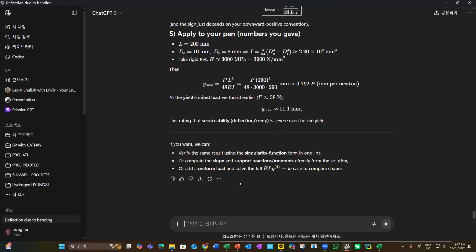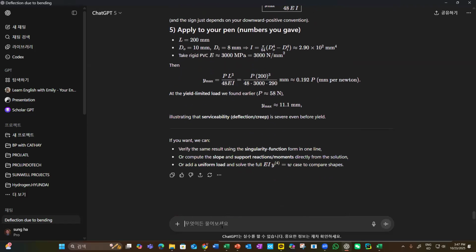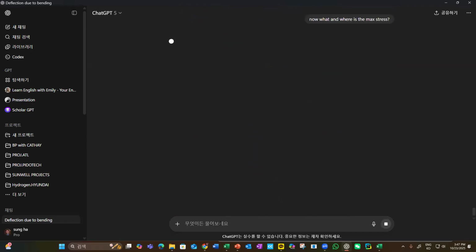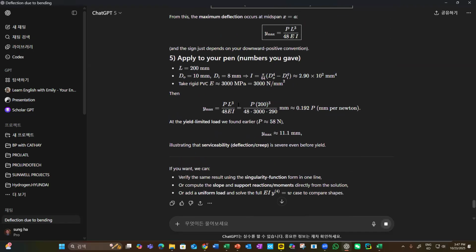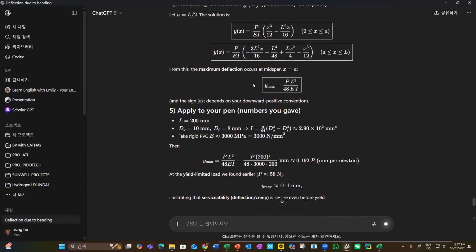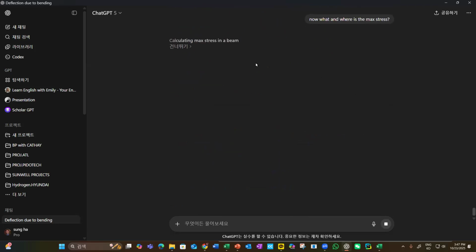And additionally, now, what is the maximum stress? Because we already went through this, this is purely going through the deflection equation using only boundary conditions.